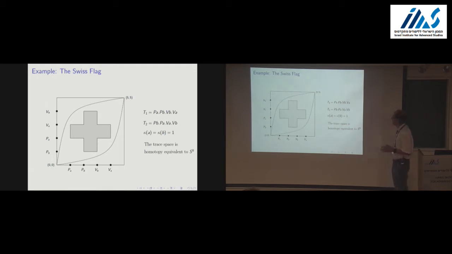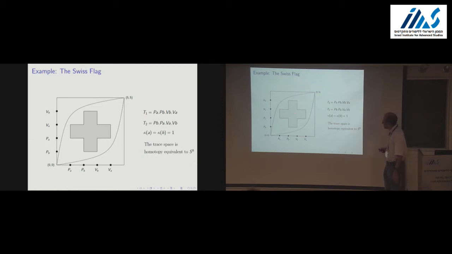Actually, this tells the whole story in terms of the terminology. Suppose that we have T1 is PA, PB, VB, VA, and T2 as before PB, PA, VA, and VB. And the capacities are 1. We are not allowed to use a resource by more than one process. So I claim that this is the forbidden zone. Why is this point forbidden?